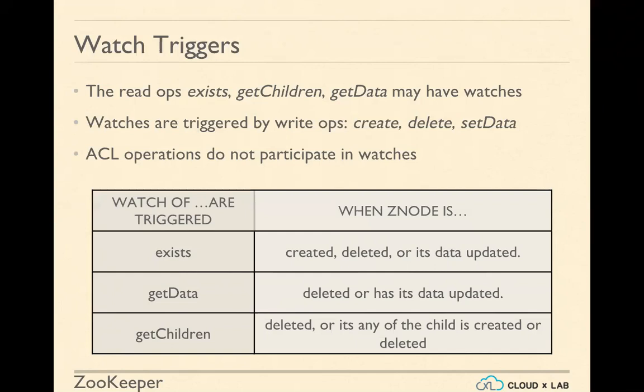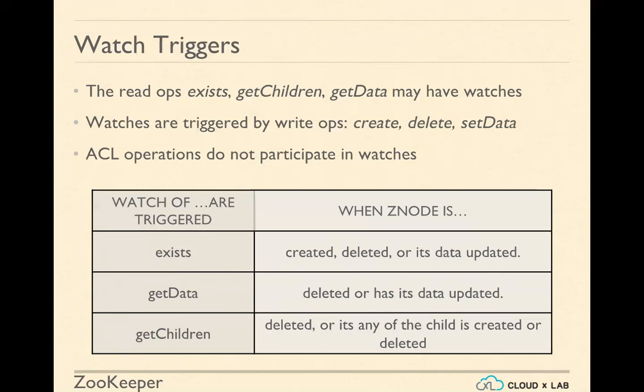If the Z node already exists, exist will return true, and along with that, whatever watches you have provided will be triggered later on when this Z node is deleted or modified. Those are the triggers of watches.